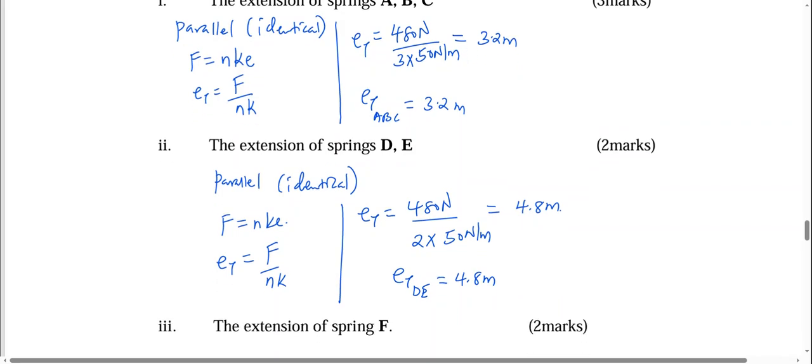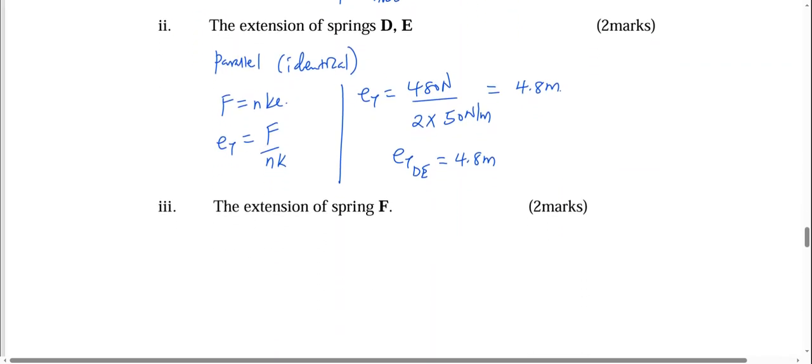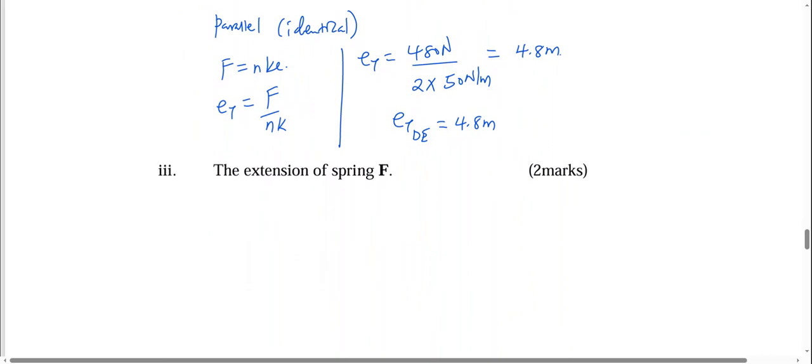Question number 3, the extension of the spring F. Therefore, F is in series with the DE and ABC combined. Since it is a single spring, we are going to use Hooke's law formula, or the law of elasticity formula, F is equals to Ke.